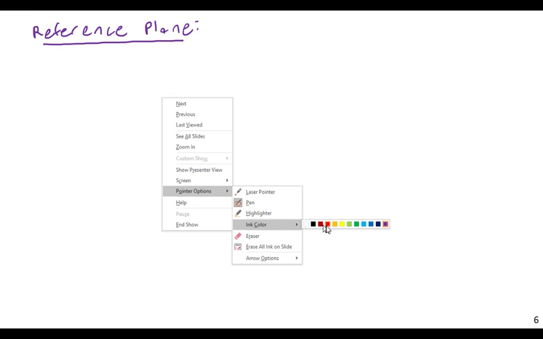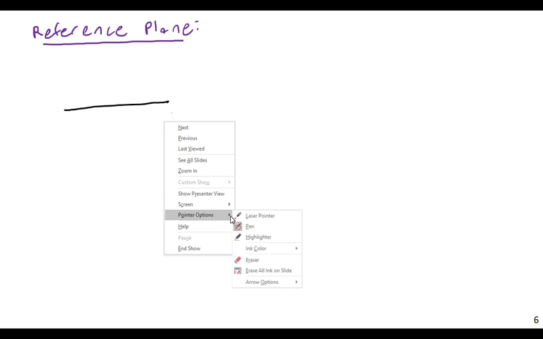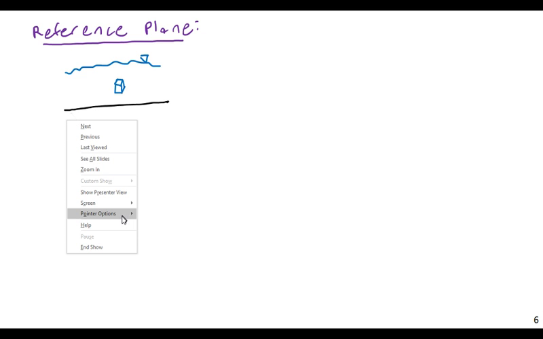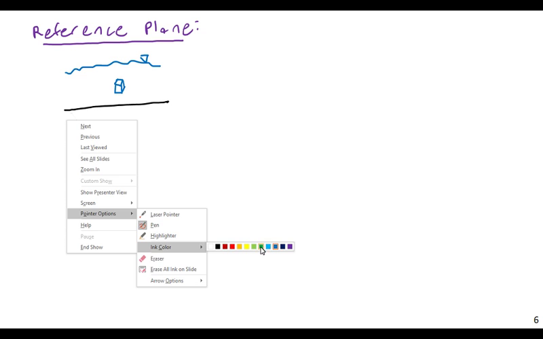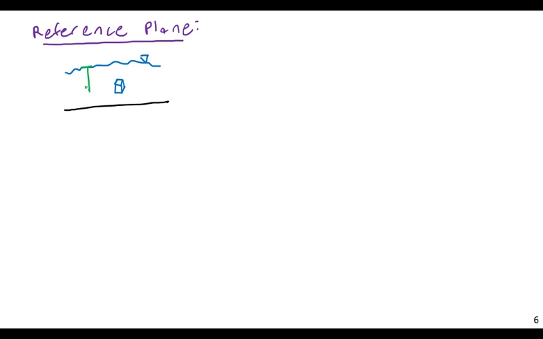So generally we're going to define a reference plane as measured from the surface. If I have a fluid, the bottom here, a fluid here, and a little element here, there will be a certain depth, z.